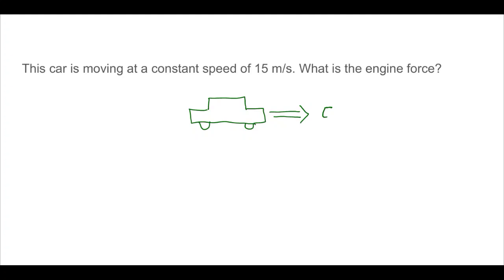Its engine force is acting, oops, engine with an N, not an M. Engine force, which we don't know, and there's a frictional or air resistance force. Let's say that is 1,200 newtons. And this car is moving at a constant speed of 15 meters per second.